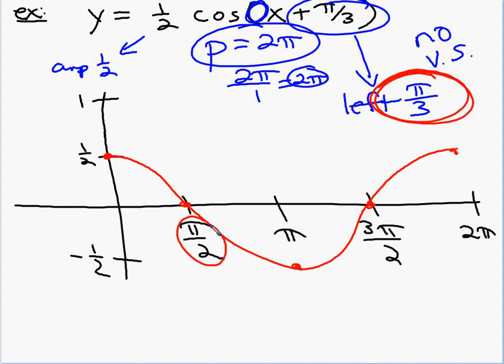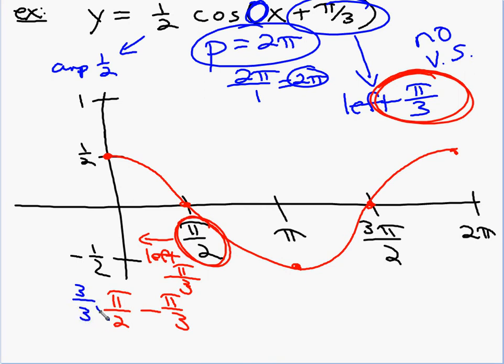So let's start here with this pi halves. I need to move this left pi thirds. What that means is I need to do a subtraction problem: pi halves minus pi thirds. And when I subtract with fractions, I have to get a common denominator. So what is the common denominator here? 6. So I need to multiply this one by 3 over 3, and this one by 2 over 2.